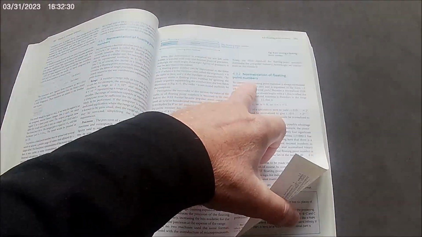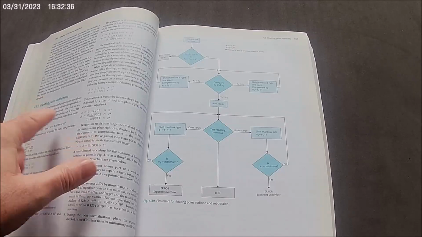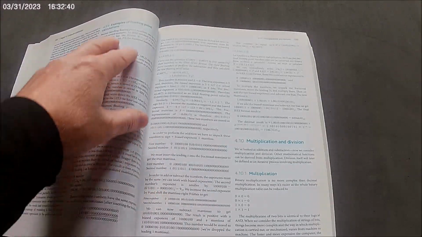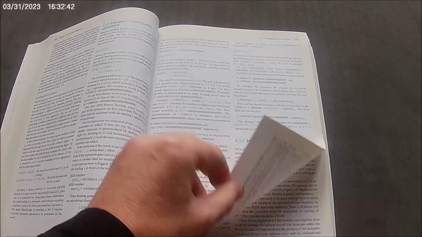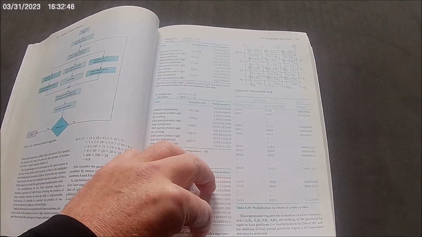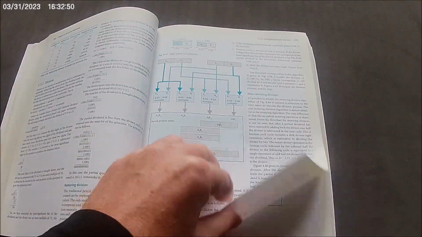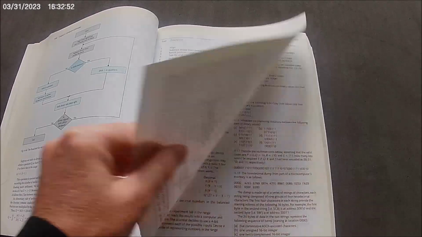So there's good bits here, normalization of floating point numbers. So it gives you a good indication. Floating point arithmetic, and also sections on multiplication, division, and so on and so forth. So just the basics of computer arithmetic and how we add, subtract, multiply and divide within a computer. Okay, so that's that section there.